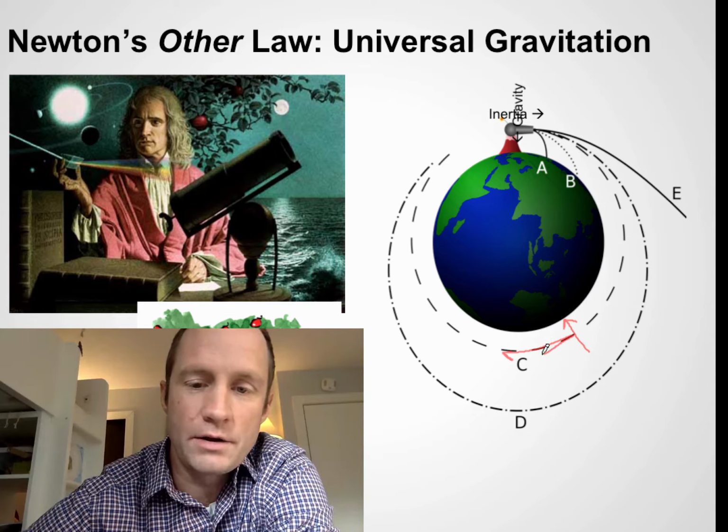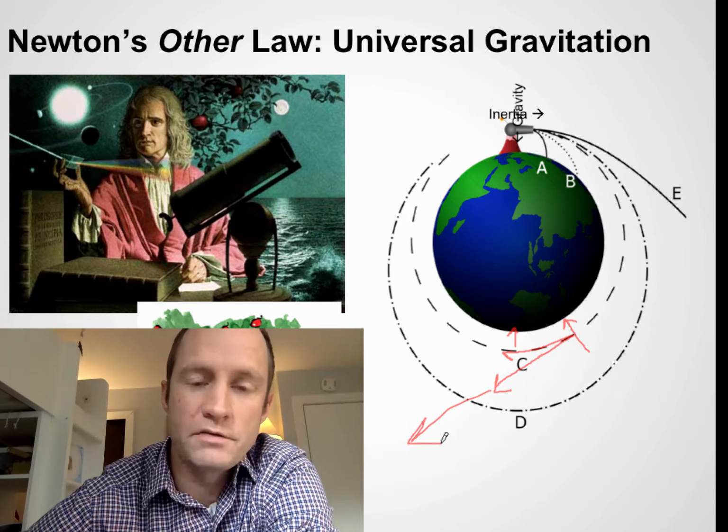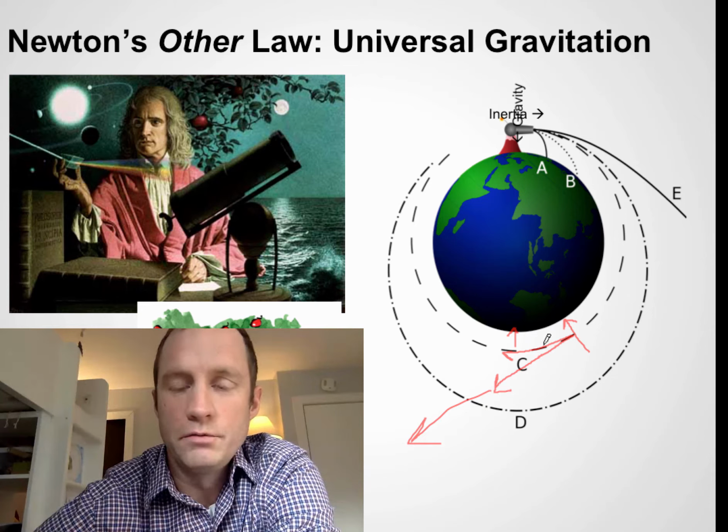Inertia would try to carry it out here, but its actual resultant motion, the gravity's pulling it a little bit, so it pulls it down here some, and now the gravity's acting in this direction. So it doesn't quite achieve that full resultant straight motion that you'd expect from a body, but it maintains this constant orbit around the Earth.